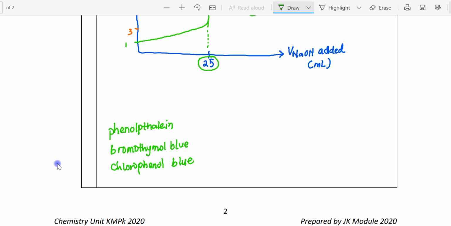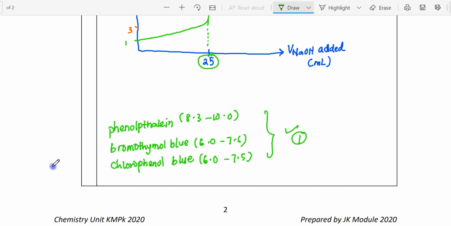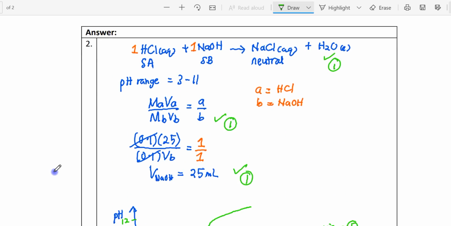Phenolphthalein's pH range is 8.3 to 10, bromothymol blue is 6, chlorophenol blue is 6. So this one is another 1 mark. Alright, so I think that's all for today. Thank you.